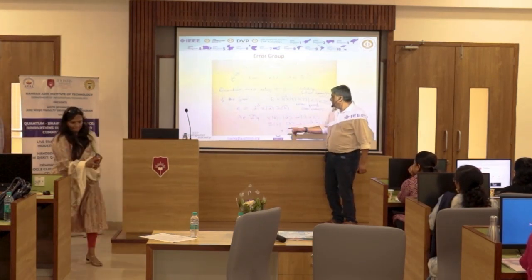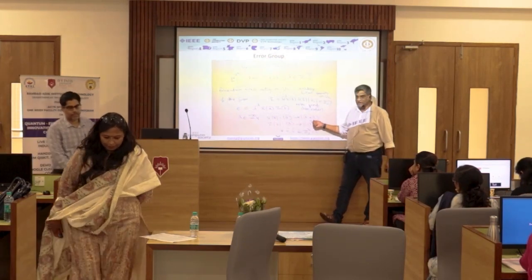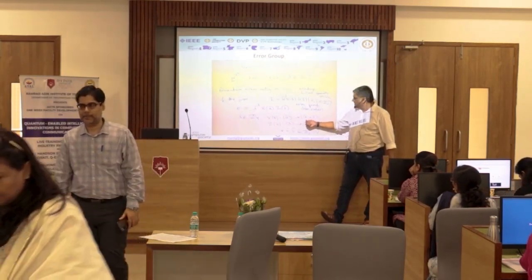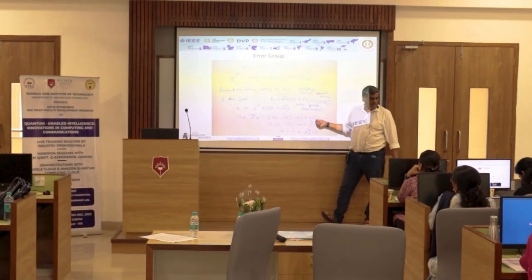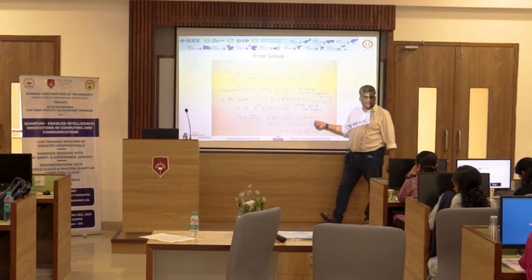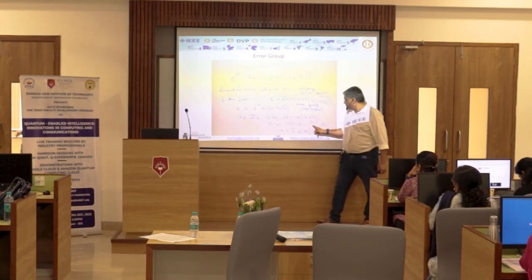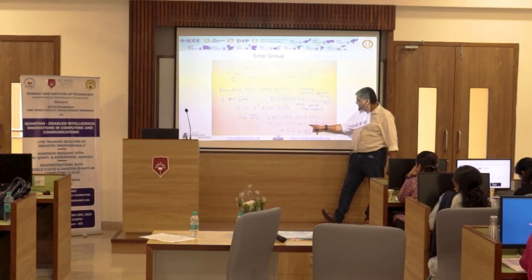What is X(a)? X(a) is basically a bit flip, acting component-wise. If b is a binary vector, and a is also a vector, a one means bit flip, right? And Z(b) means phase flip, right? It multiplies by minus 1 to the power b dot v, on ket v, right?